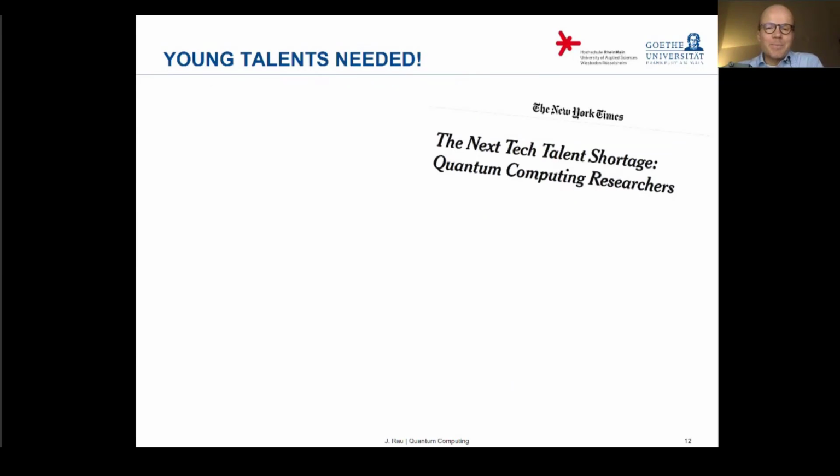And you see the headline from the New York Times some time ago. Companies and research groups are looking for young talents, and this is a field where you can really have a nice development and nice, interesting perspectives.